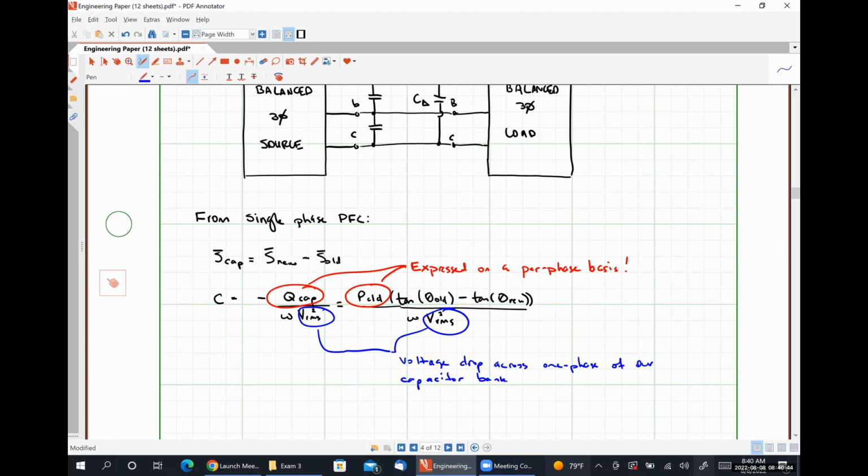And the numerical value of the voltage will be different if we connect our capacitor bank in Y as opposed to if we connect our capacitor bank in delta, okay? So let's work an example here really quickly that illustrates what I'm talking about.